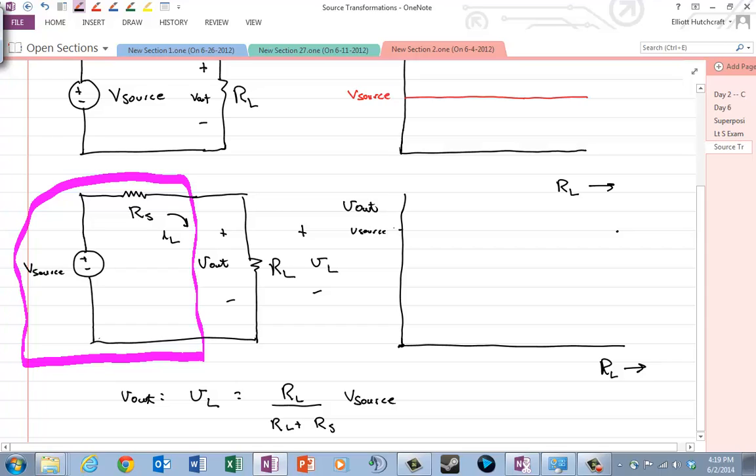Now, when RL is equal to RS, how does this relate to V source? V out is linearly related to V source.